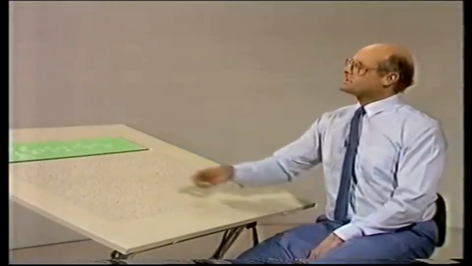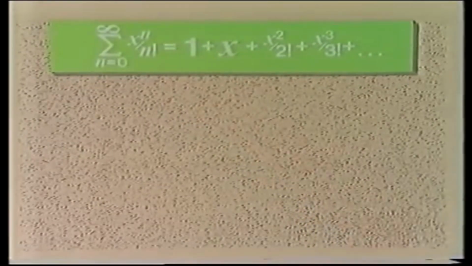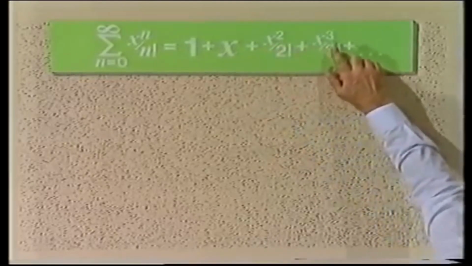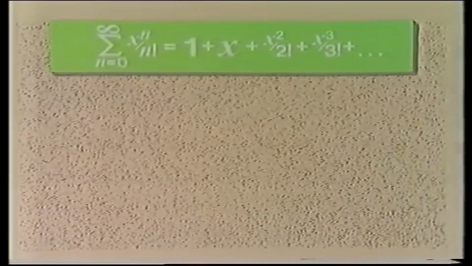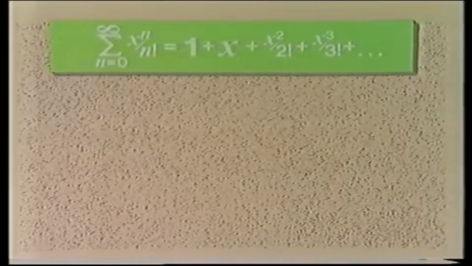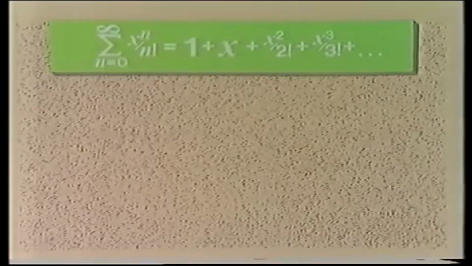So let's look at this series, sigma x to the n over n factorial. Series like this, involving powers of x, are called power series. If you give x the value c, the terms of this power series are just the members of the standard null sequence c to the n over n factorial.